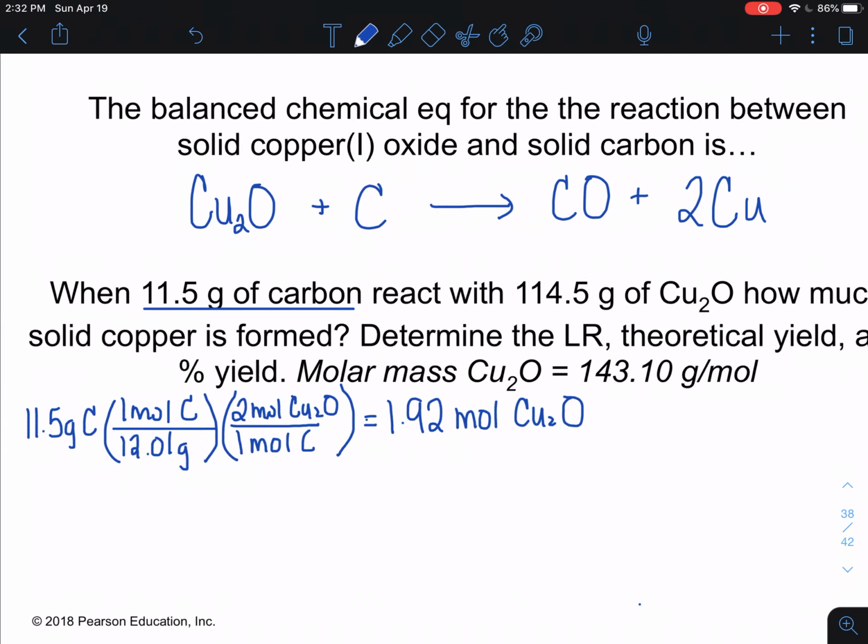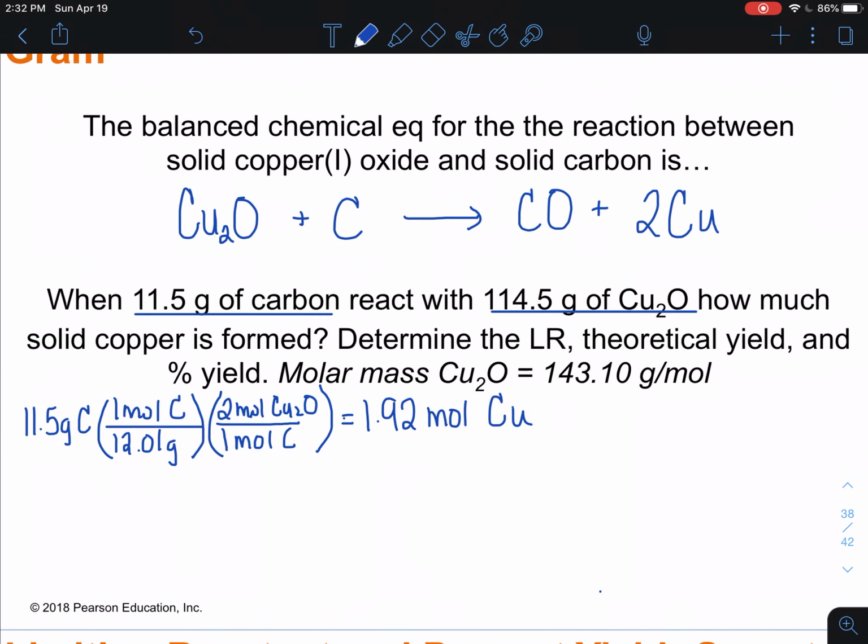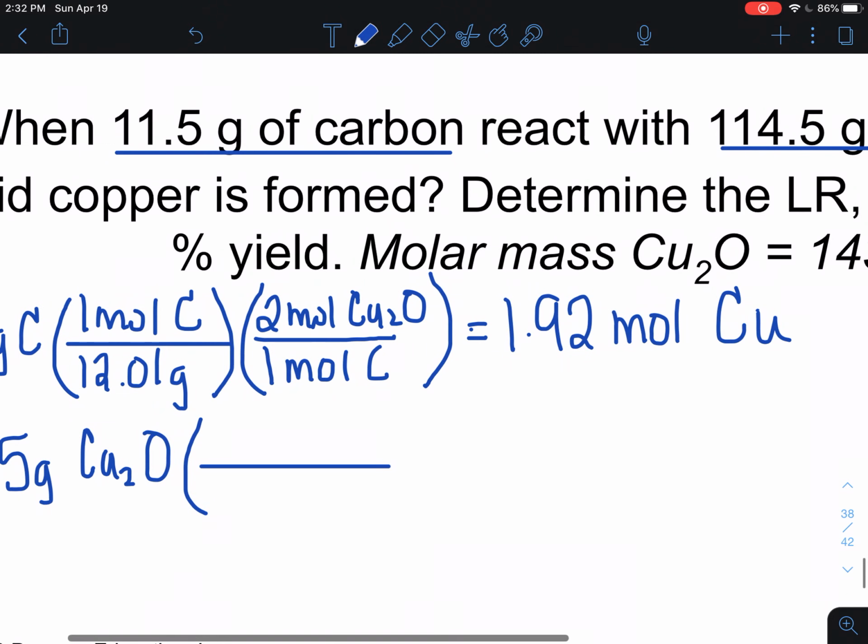All right, now we're going to take 114 grams of, I'm sorry, not copper oxide. Now we're going to take 114 grams of copper oxide, convert that to moles. The molar mass of copper oxide is 143 per 1 mole.